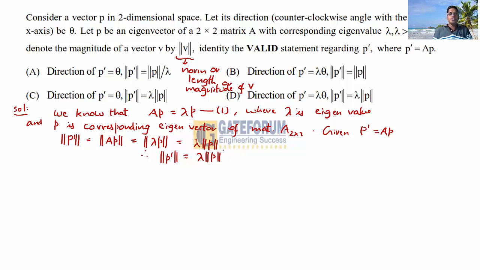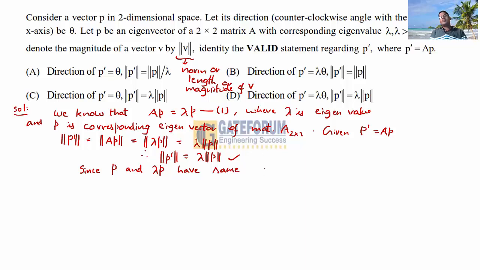Now, option C and option D will have similar notation. We decide whether the direction of V dash is theta or not, the same. Vector P and lambda into P have the same direction.